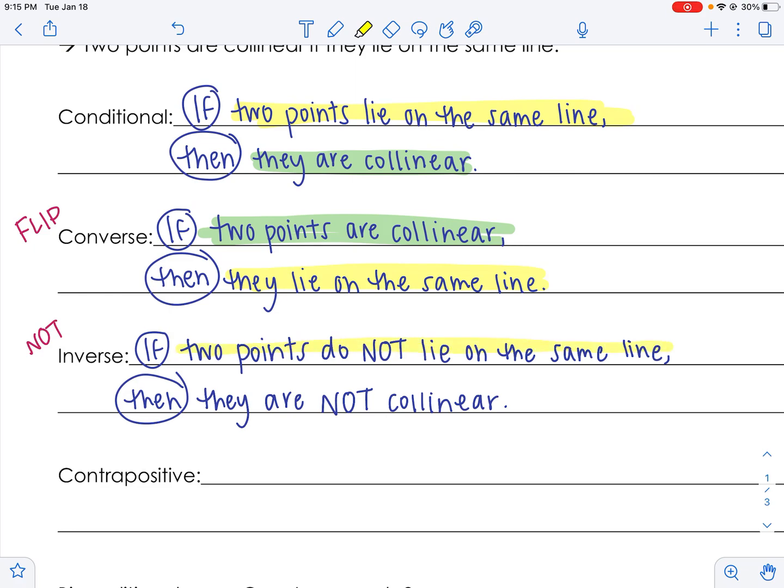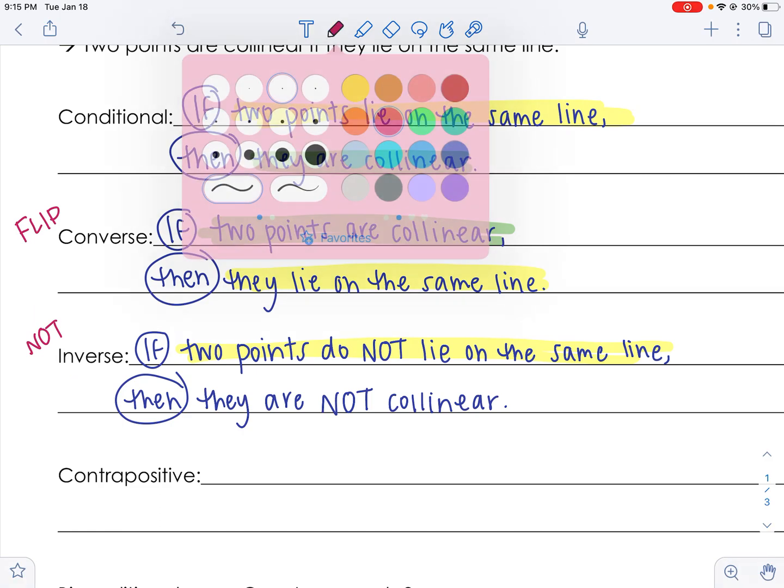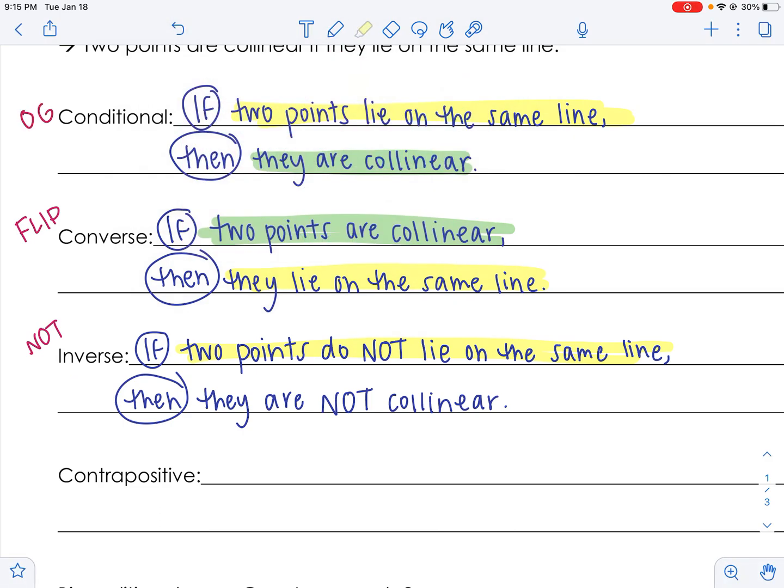So I kept the order the same as the original, as my conditional, or sometimes I'll call it OG. But all that I did, so I kept the same order, all that I did was I just added in the word not.